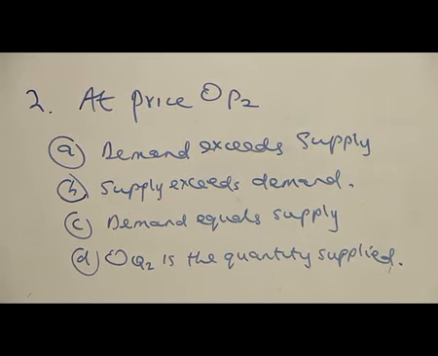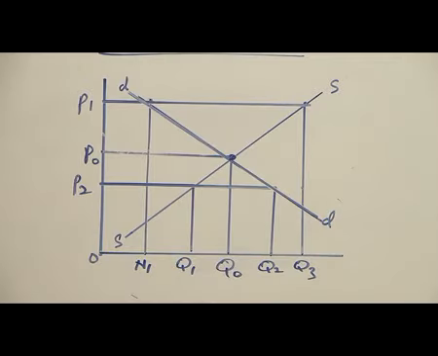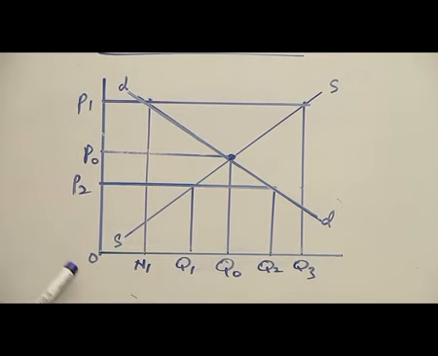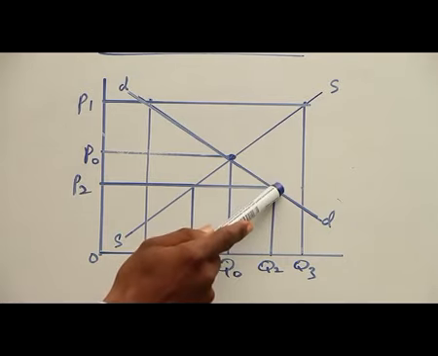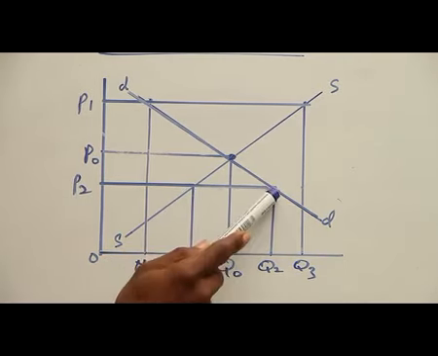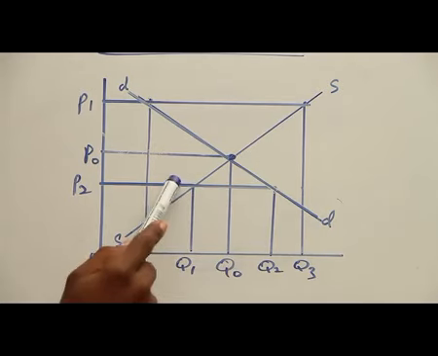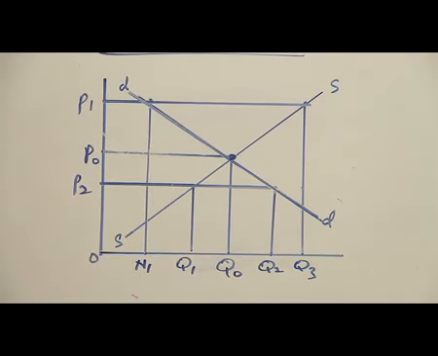The right answer is demand exceeds supply, which is letter A. From the diagram, we have the price axis P2 and the quantity axis here. So this is the demand curve, this the supply curve. The demand curve is greater here than our supply. So that's why the right answer is A. Demand is greater than supply.